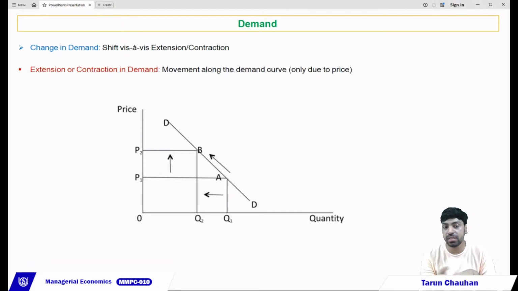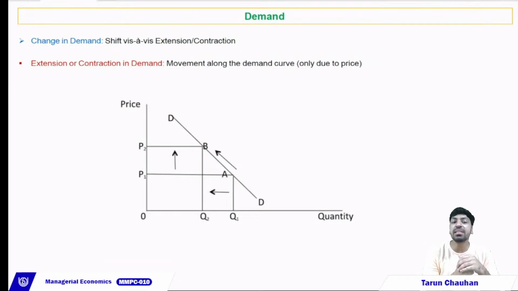Or in other words, if the decrease in price is less than the difference in the quantities, it's also called extension. So the meaning remains the same; only the expression of words could change.